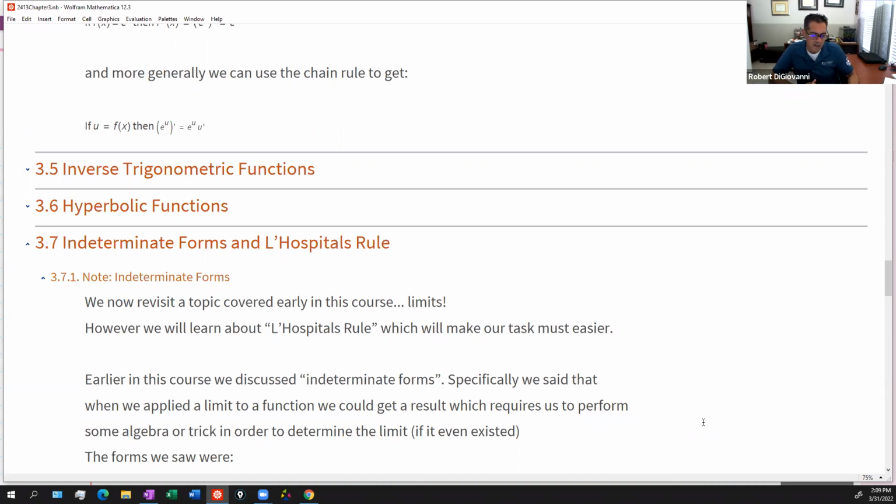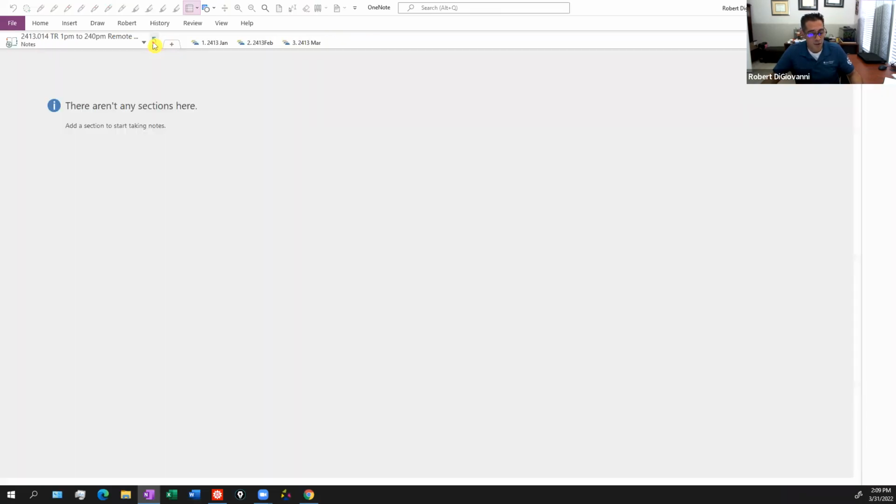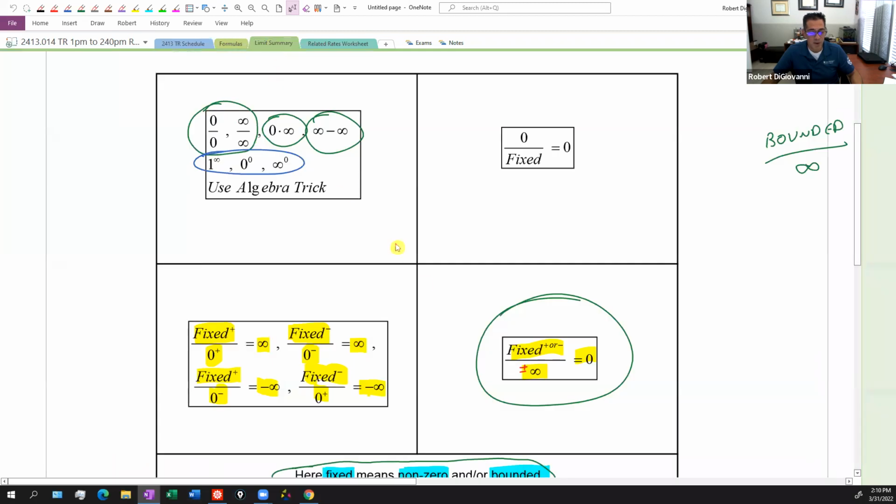L'Hopital looks like La Hospital, but it's L'Hopital. It's named after a mathematician. So this is the way I want to introduce this idea. If you go back and look at what we've learned about limits in this class, remember this page?